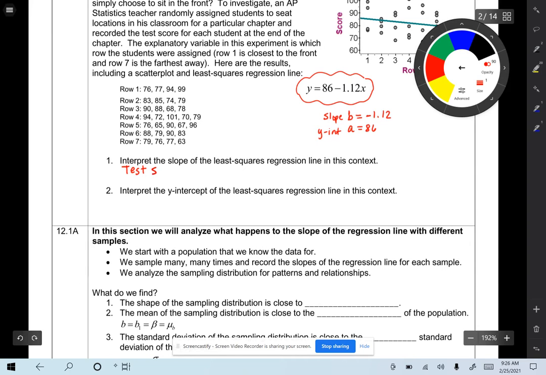So test scores drop or decrease 1.12 points for each additional row a student sits from the front.